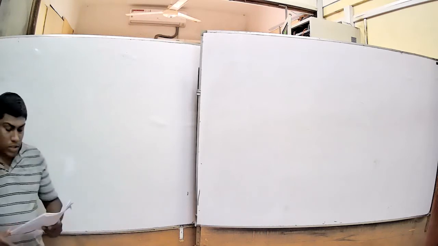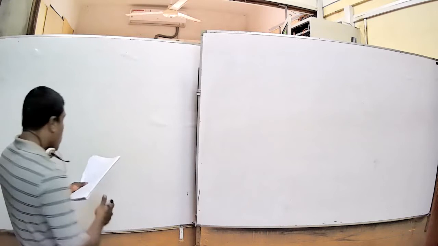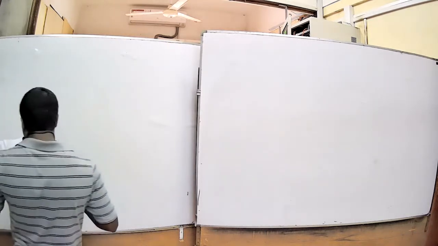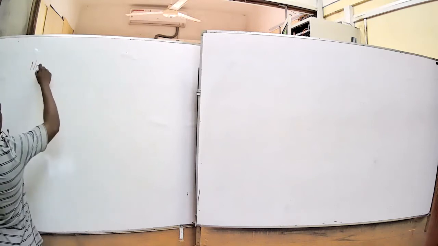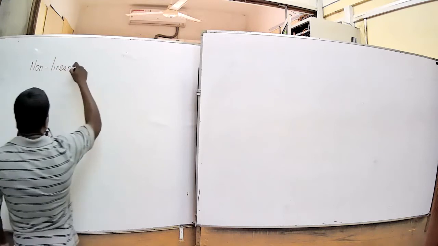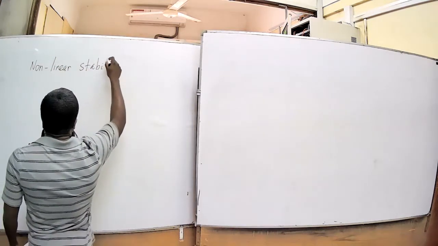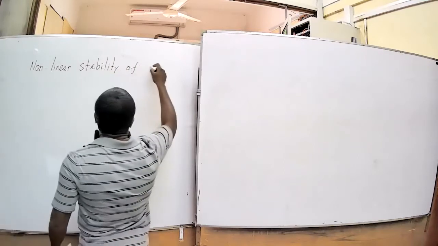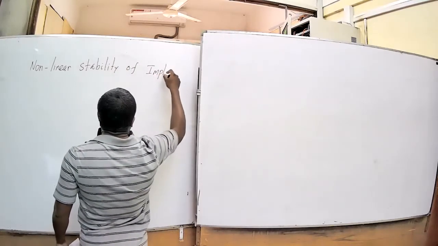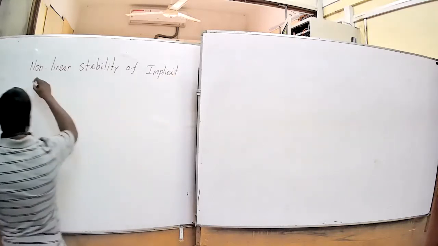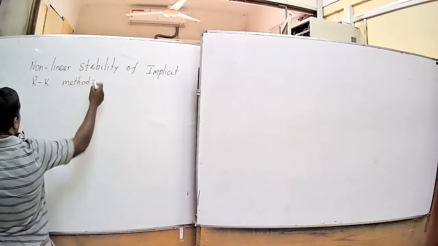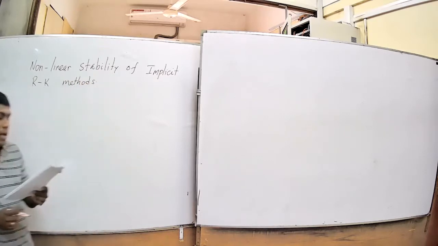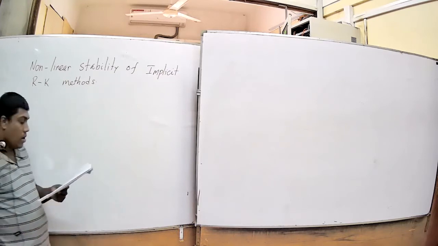So now we are going to talk about another type of stability, known as non-linear stability of implicit Runge-Kutta methods.